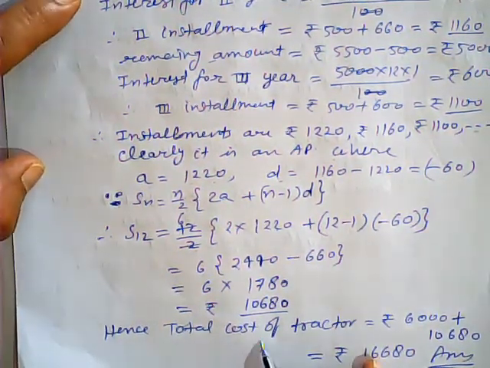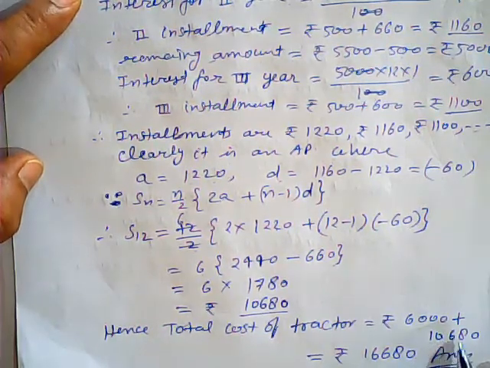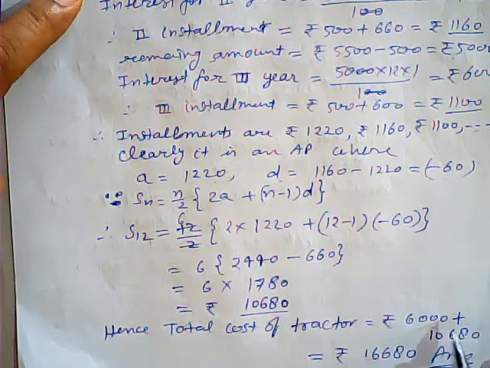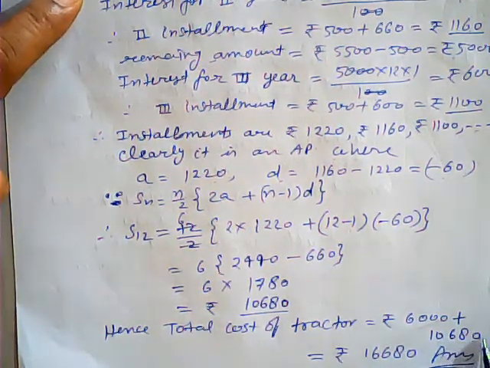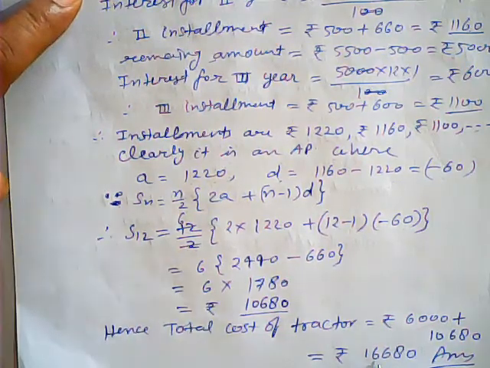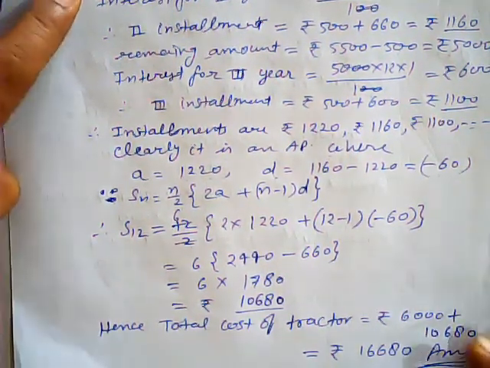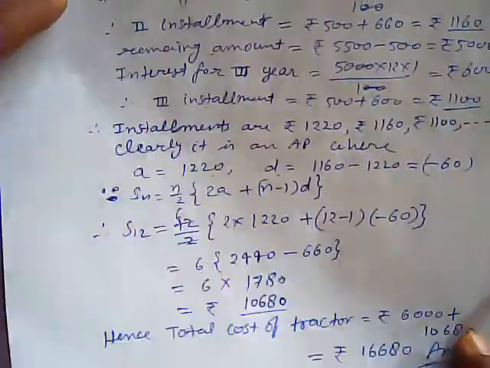Hence, total cost of tractor is 6,000 plus 10,680. 6,000 was paid in cash, and this 10,680 was paid through installment. The total cost of tractor to the farmer is rupees 16,680. This is the answer.